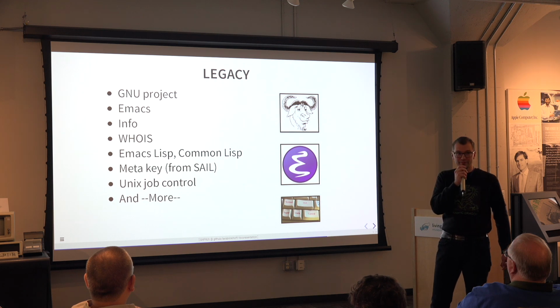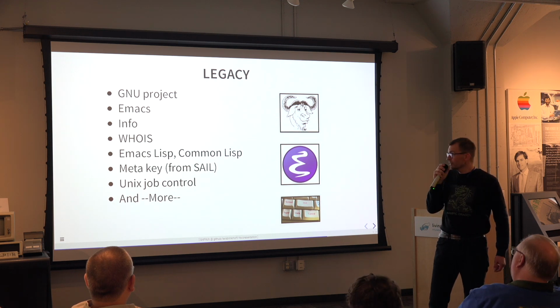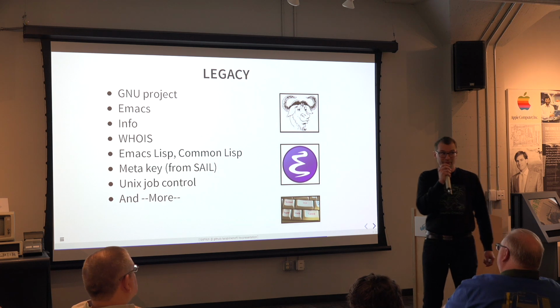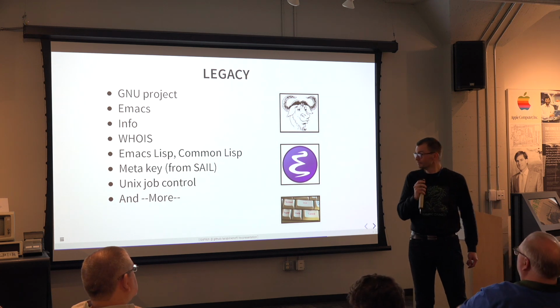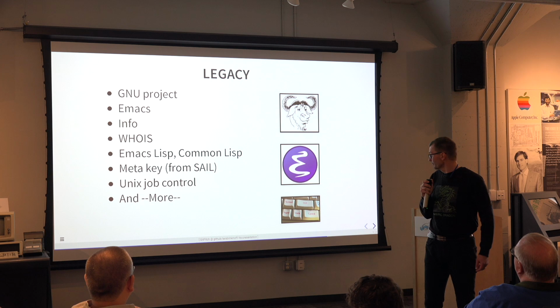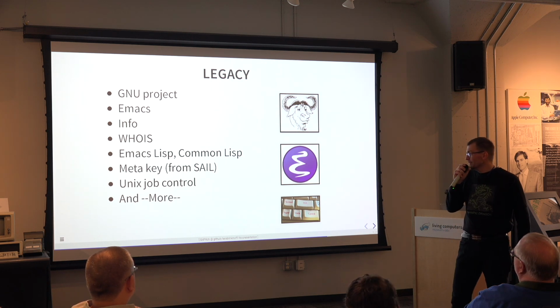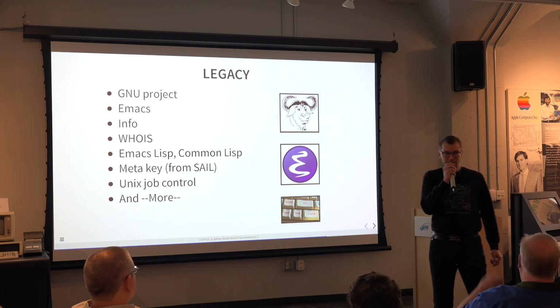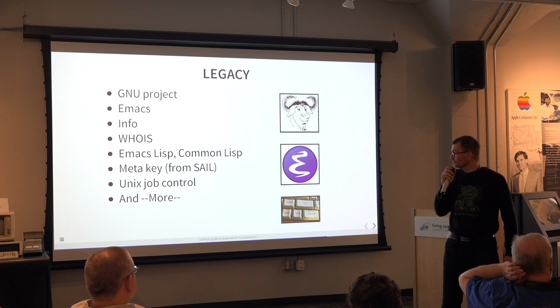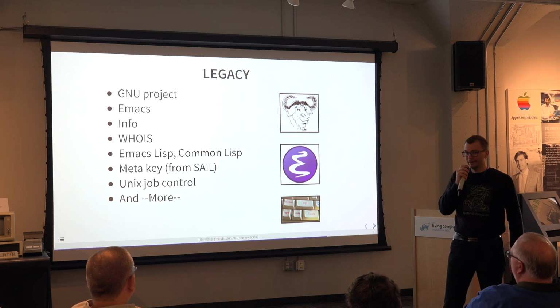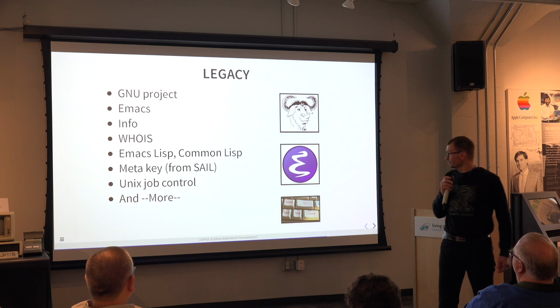Two important Lisp dialects today, Emacs Lisp and Common Lisp, are very similar to Maclisp. And the peculiar meta key is still available on some keyboards, and I like to think it's much because of Emacs.